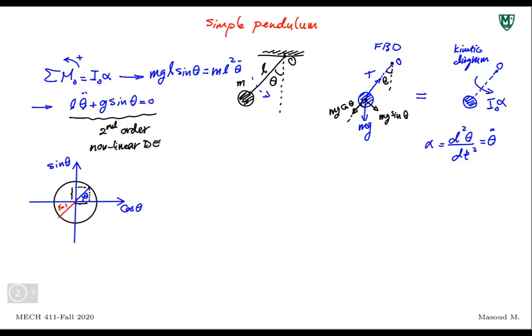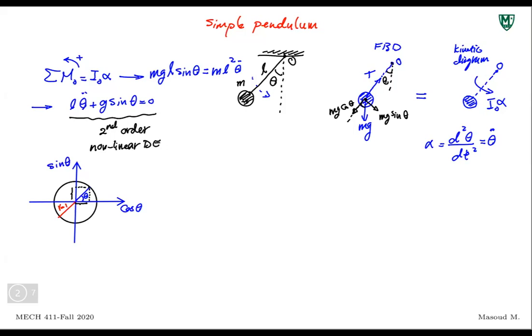Now, let's see what happens. We use this as a graphical representation for sine and cosine. I'm hoping this is familiar to you. You have seen the unit circle before and how it works. Let's see what happens when theta is very small. Right?